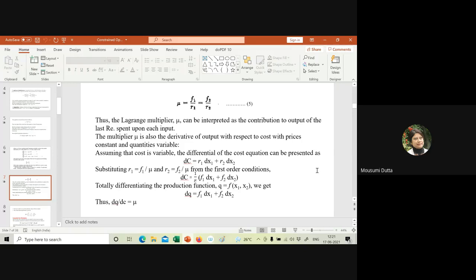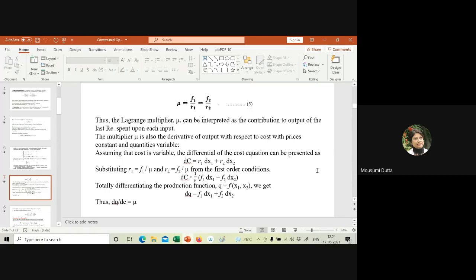The multiplier mu is also the derivative of output with respect to cost with prices constant and quantities variable. So, mu can be interpreted in a different way too. The Lagrange multiplier is also the derivative of output, dq by dc.